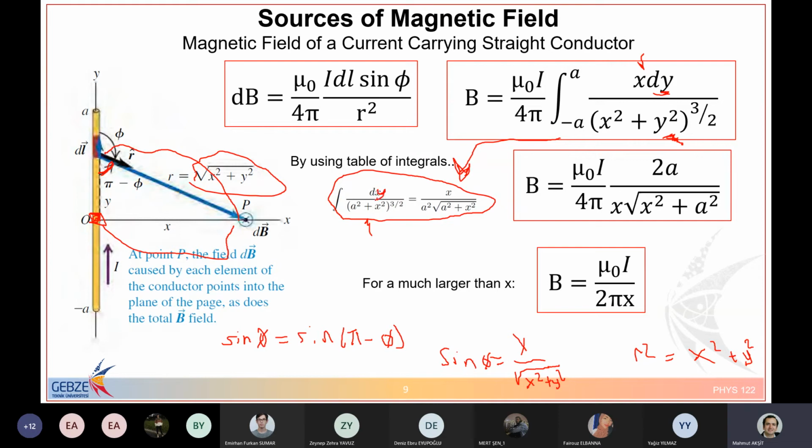So you replace this by y. Okay. Here a is the x. Near a is the x. Y, x is the y. Okay. So think about that way.